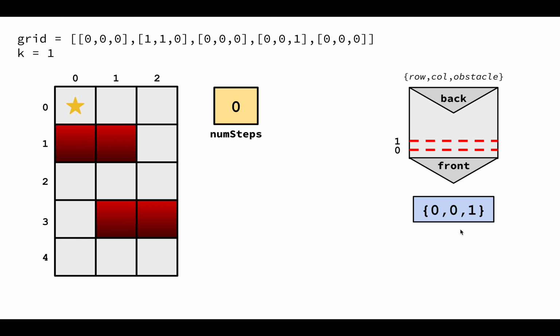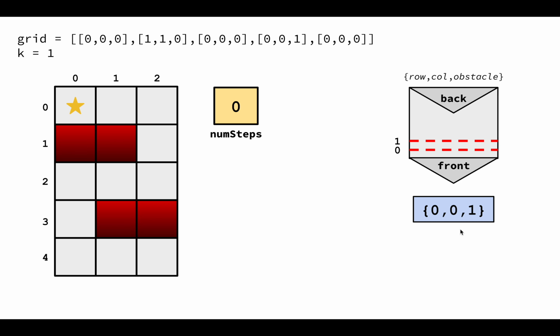So what we'll want to do now is add those 2 locations to our queue. The first one that we're going to add is 0, 1, 1, which is row 0, column 1, so this location here. And because we didn't have to eliminate any obstacles, we still have 1 in our obstacle balance, meaning we can still in the future eliminate 1 obstacle. And then we'll add 1, 0, 0.